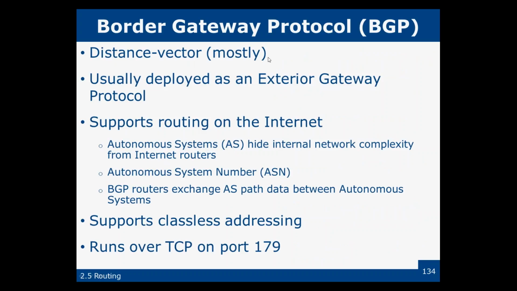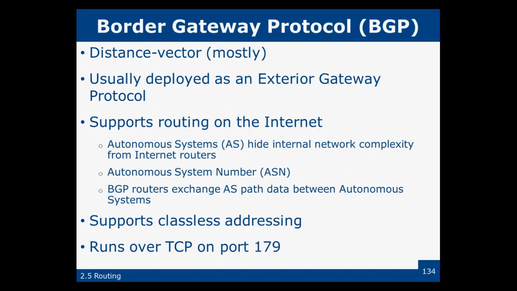BGP, Border Gateway Protocol, is a distance vector mostly, usually deployed as an exterior. It can be deployed as an interior gateway protocol, but it's typically going to be an exterior. And it replaced a protocol called EGP. It supports routing on the internet, and it uses the autonomous systems to hide the network complexity. This is where route aggregation becomes really important, because there are lots of routes within the whole world, and that's where ISPs come in.